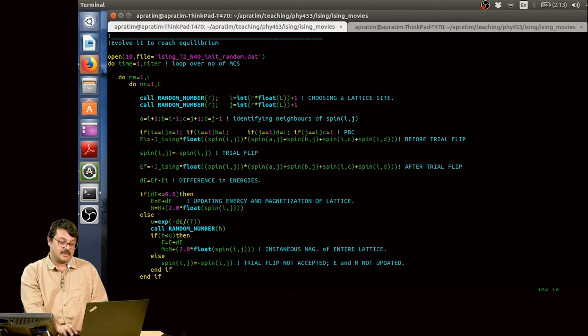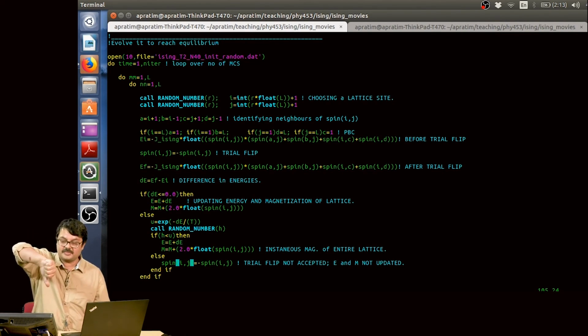However, if this condition is not satisfied, if this random number is greater than u, then this spin flip is not accepted. I put the spin I j to be minus spin I j. So, suppose there was a positive spin, I had given a trial spin flip to minus 1.